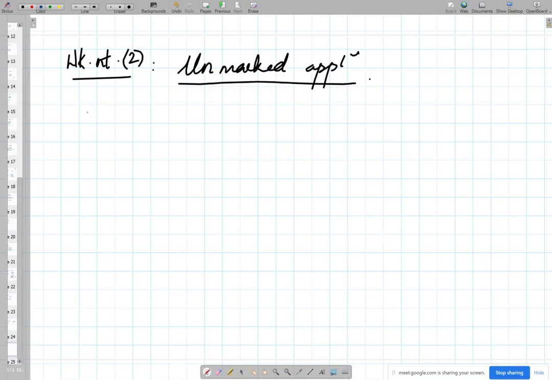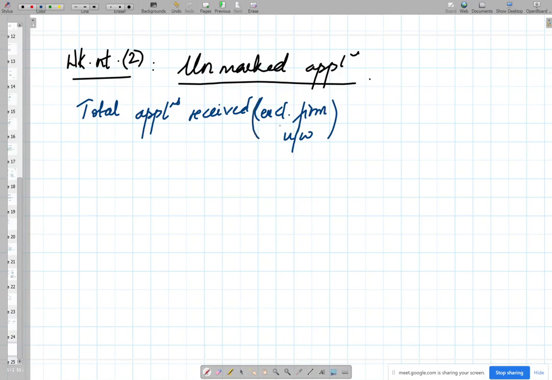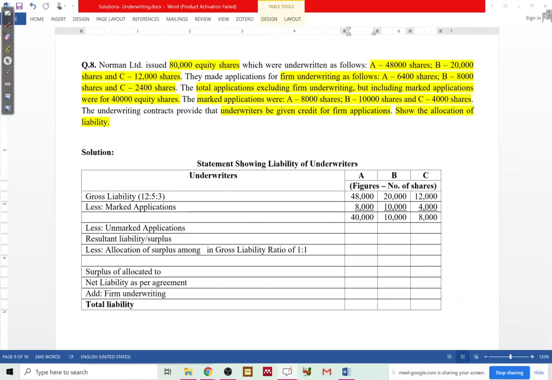So we always start with total applications received but excluding firm underwriting, always excluding. Okay, basically you take only total applications which you directly received from the public, meaning which people have applied for. Don't take the firm underwriting which underwriters are going to take. Okay, so total applications received were 40,000.